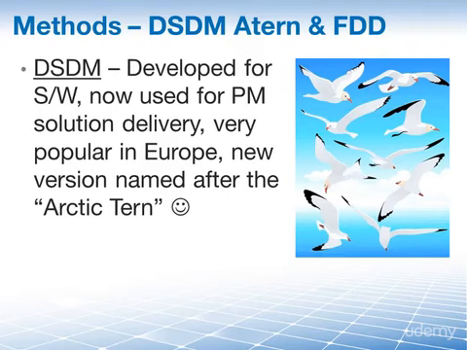DSDM Atern is the most recent version, and yes, it is actually named after the adaptive nature of the species of bird known as the Arctic tern. Please watch the Agile Prepcast for a comprehensive overview of this popular Agile method and all of the Agile methods that we review in this lesson here.